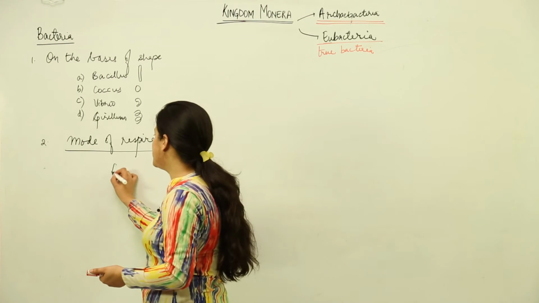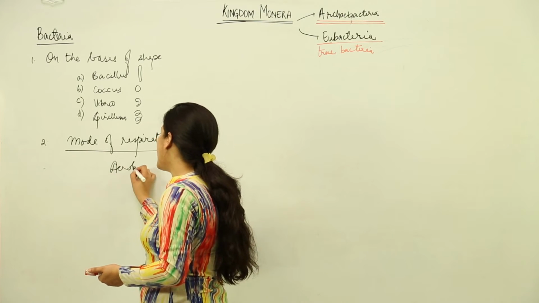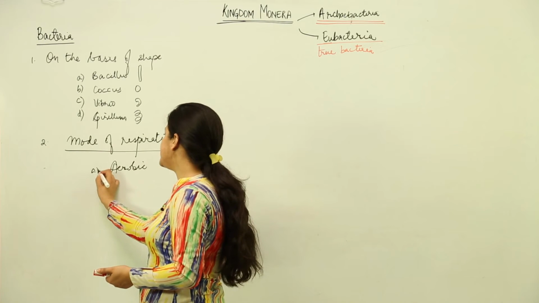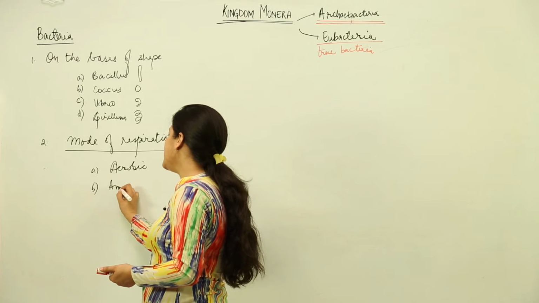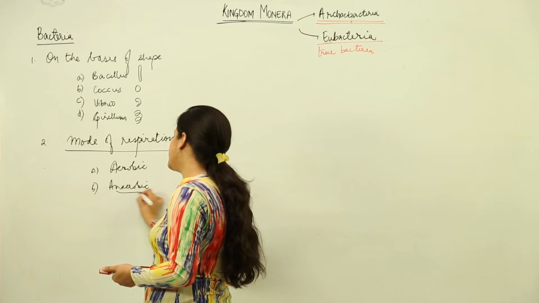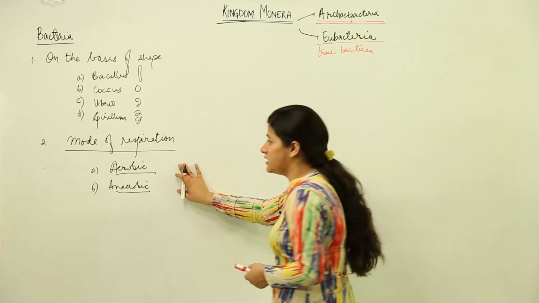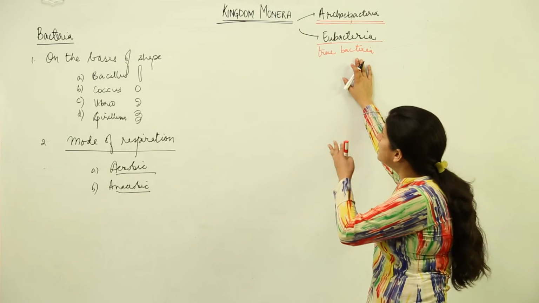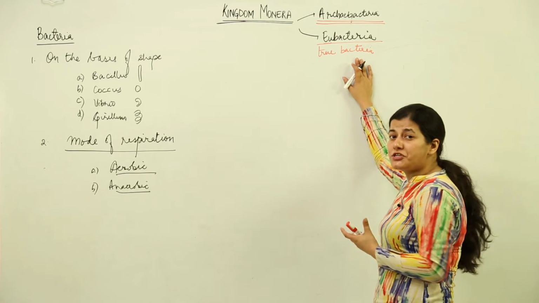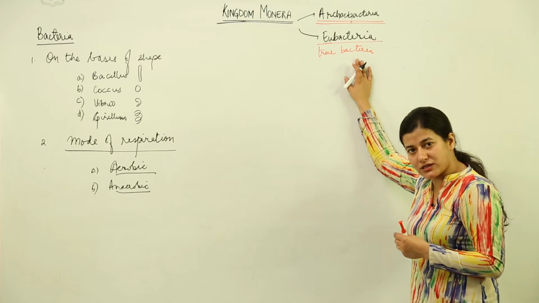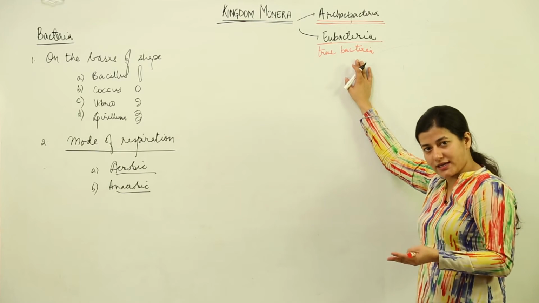So, the bacteria would be aerobic, that is dependent upon oxygen, and the second one would be anaerobic. Alright. Now, the aerobic bacteria would fall into the class of eubacteria. They will not be in the case of archaebacteria, because I told you that archaebacteria are specialized to survive in those places which have quite hostile conditions.